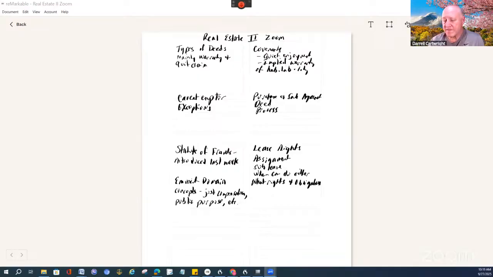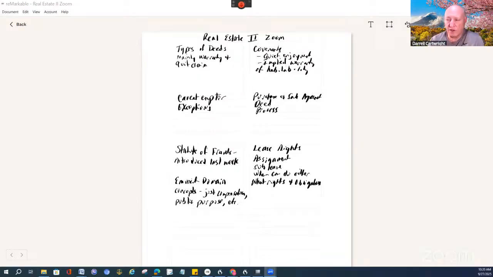Eminent domain is the power of the government to take property. And that power is not absolute. There are certain requirements for the government to be able to do that. They can't just look and say, gee, we like your house, we're going to take it.